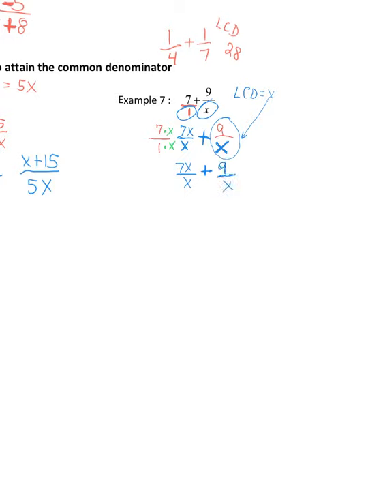And now I can add those because I do have a common denominator. It is x, and I'll put it down below. And now I'll combine my numerator pieces between my two fractions and put them together as one fraction. That problem is done. Nothing else cancels as well.